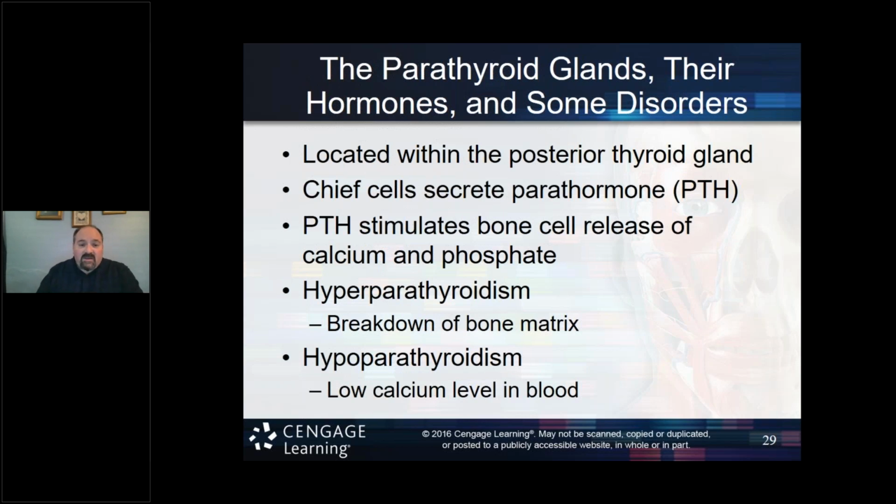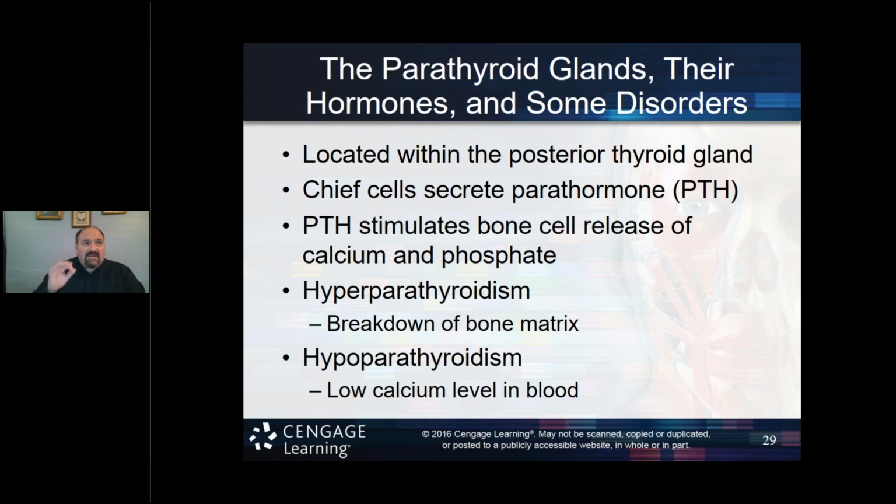As far as PTH is concerned, known as parathyroid hormone or parathormone, that's an older term. This is also having that antagonistic relationship with calcitonin. So in the case of PTH, we're increasing blood calcium levels, okay? So it stimulates bone cell release of calcium and phosphate, increasing blood calcium levels, okay? That's PTH.